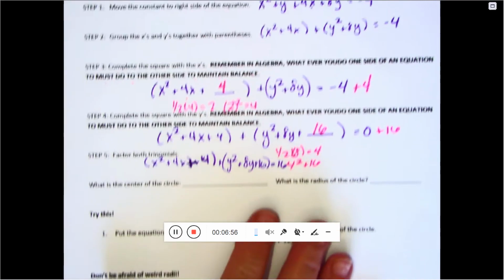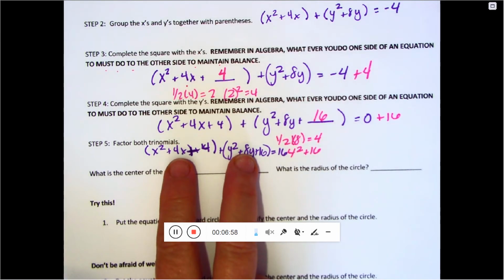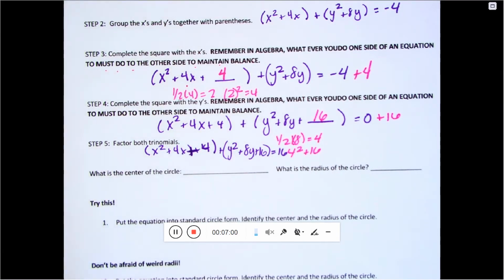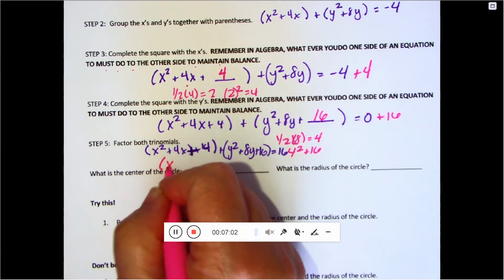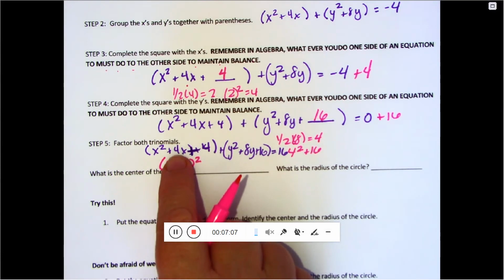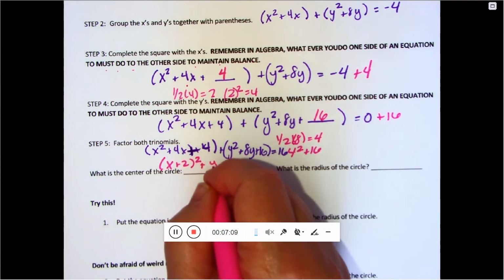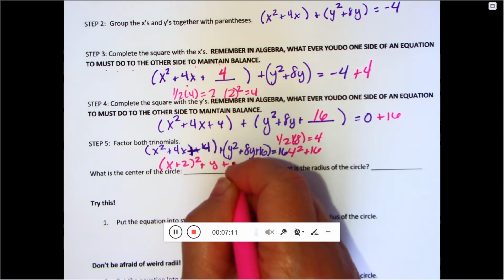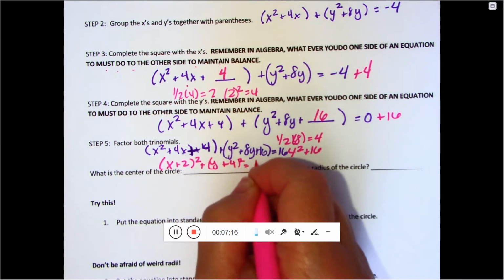Now what you do is you factor both of these. Using the patterning that you know, this is x plus 2 squared, because remember what goes there is half of that number. And this is y plus 4 squared equals 16.